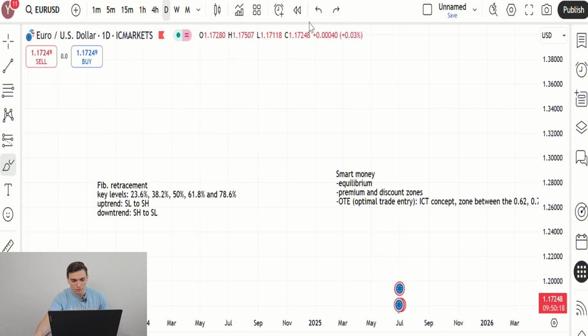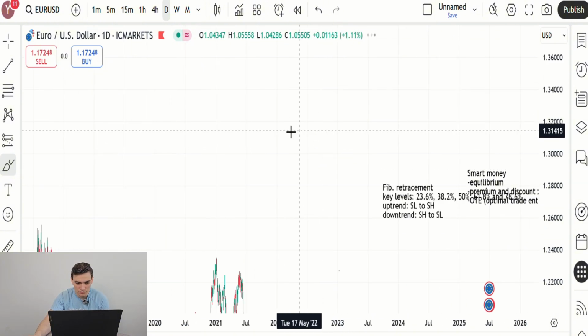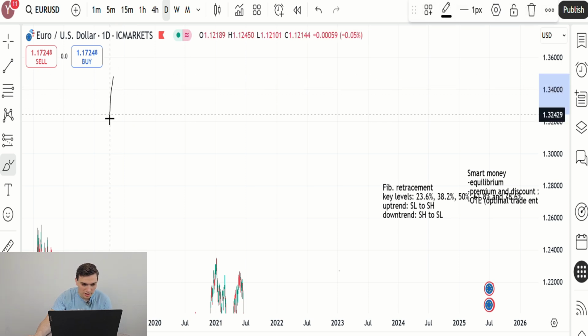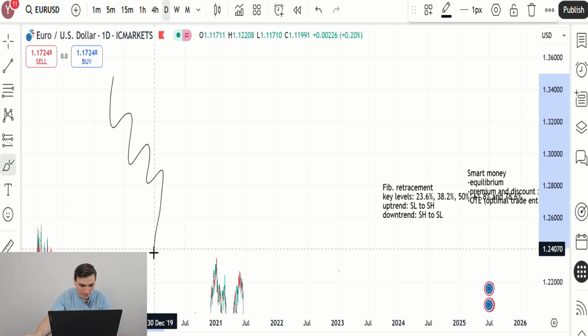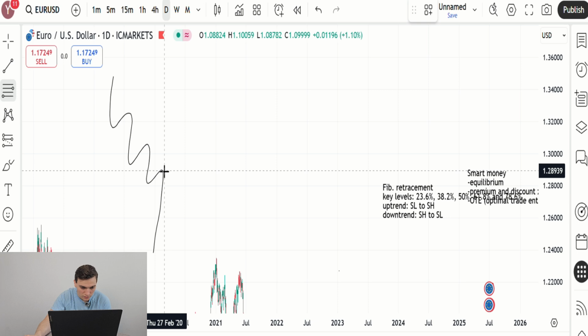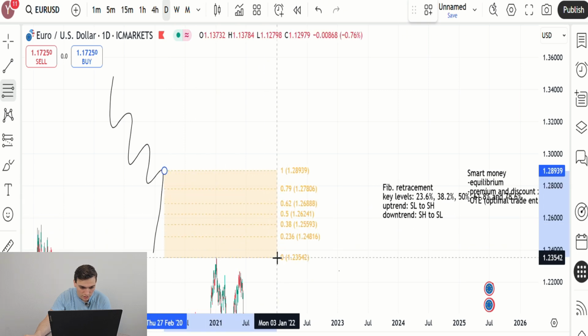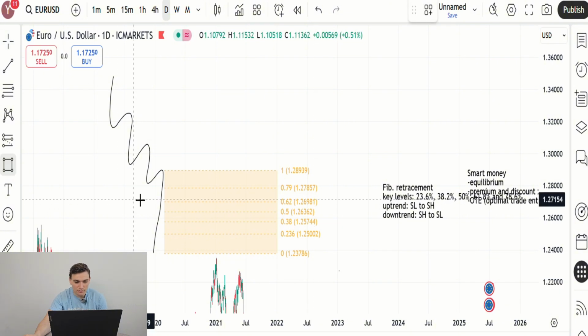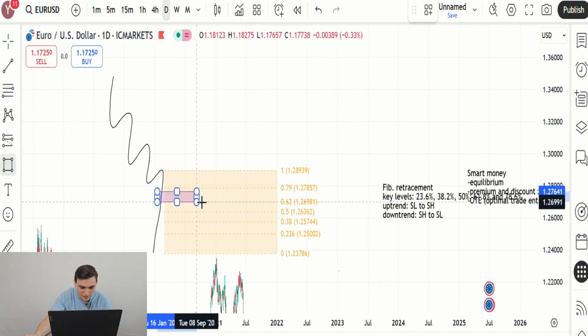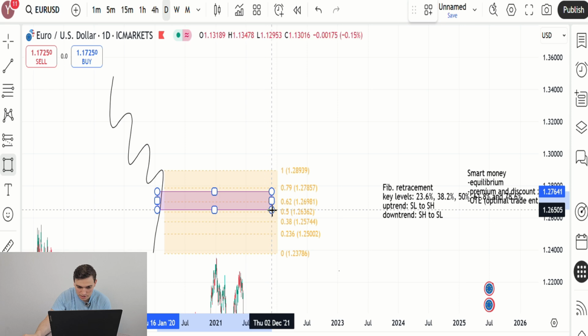You need other confluences. For example, I'm gonna try to draw this. Let's say we are in a downtrend, and we put the Fibonacci retracement from the swing high to the swing low right here. Let's say that right here we have a fair value gap, for instance.